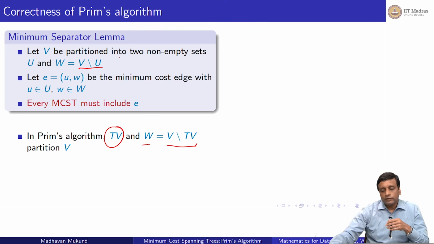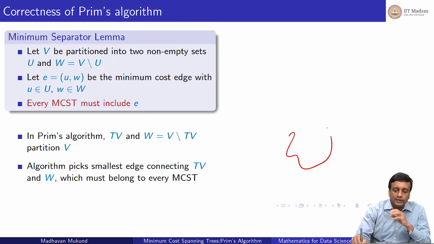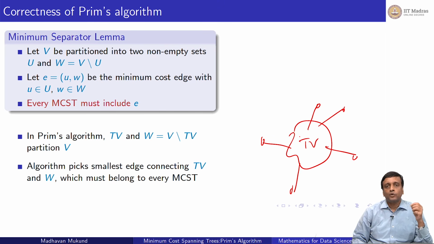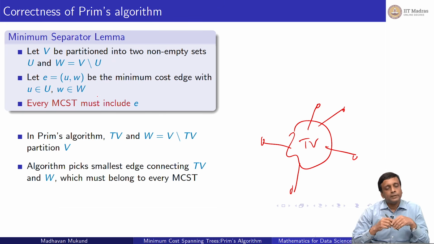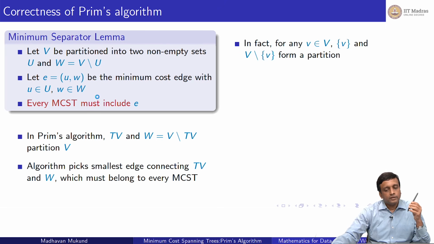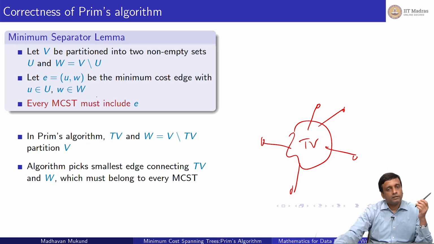Now if I look at what Prim's algorithm does, it says I am currently looking at a tree which I have built and I am looking at all the edges which connect my current tree to vertices which are not in the tree, and I pick the smallest one. But that's nothing but this minimum separator. For this particular partition, I am picking the smallest one, so I am not picking anything wrong.